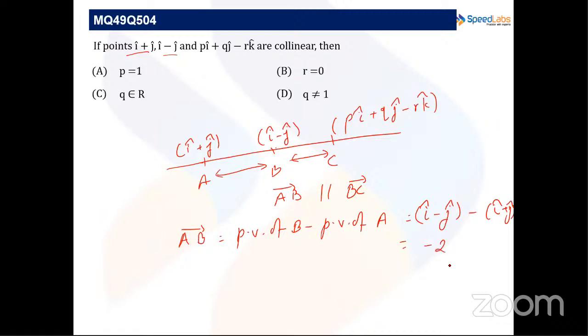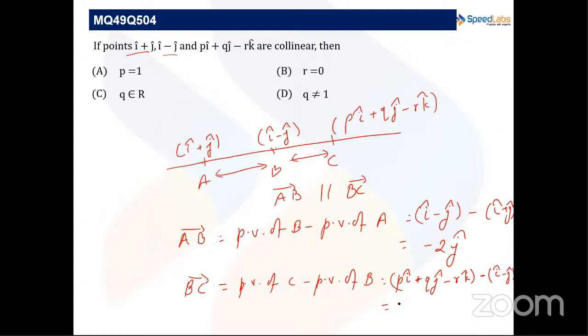So we would get minus 2 times j cap. And for vector BC, that will be position vector of C minus position vector of B. Position vector of C is p i cap plus q j cap minus r k cap, minus, for B it is i cap minus j cap, so that will be p minus 1 i cap plus q plus 1 j cap and minus r k cap.